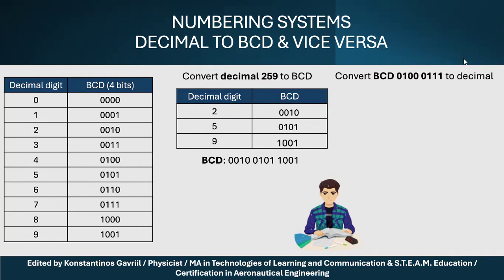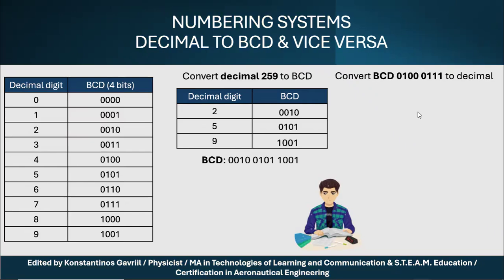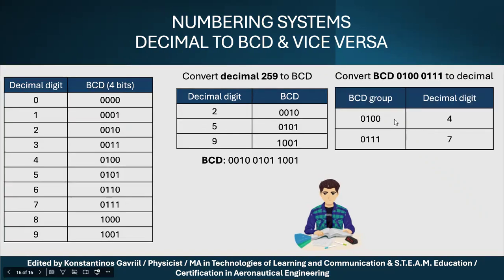Okay, we are going to make the opposite procedure now. The BCD is 0100 0111 to decimal. We are going to use this table. The BCD group, we have 0100, 0111. So the decimal digit will be the first one, 0100, which is here.